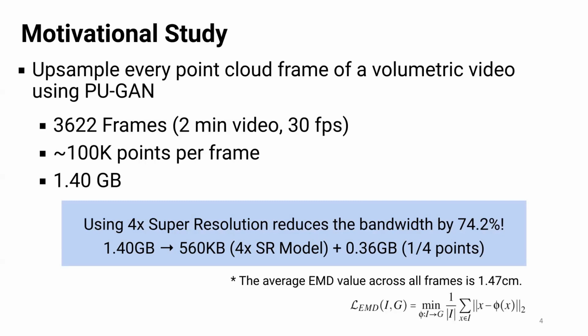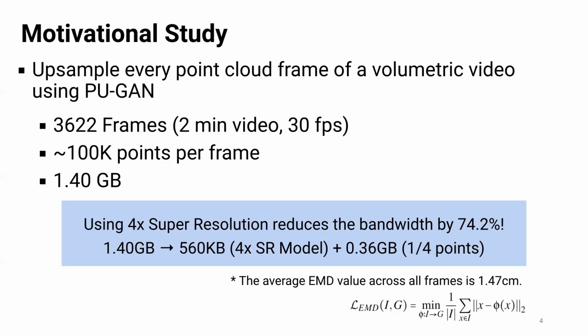And after the super resolution, after the upsample, you may want to know whether the result is visible and satisfiable. To check that, we usually use the EMD, Earth Mover's Distance, which was introduced in the previous presentation, I guess.